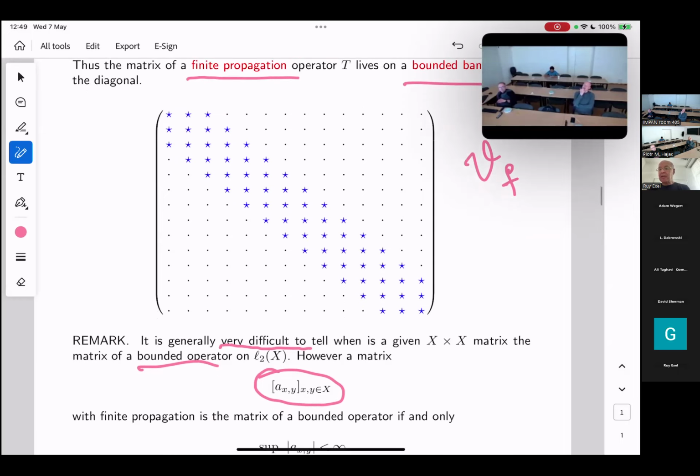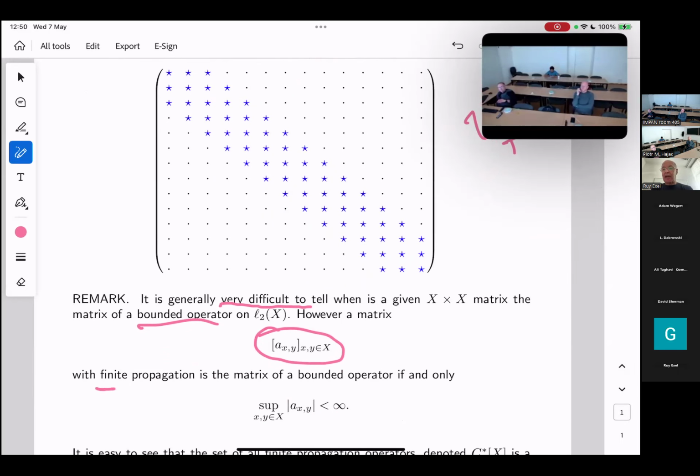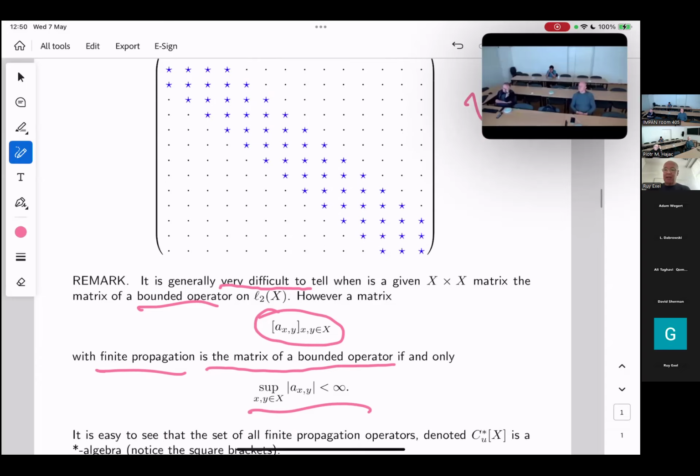But if the matrix has finite propagation, then the answer is this is the matrix of a bounded operator, if and only if the supremum of the entries is finite. So this makes the study of operators based on the entries something very important.